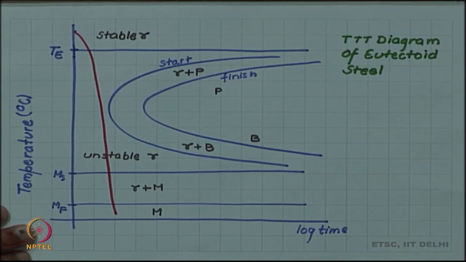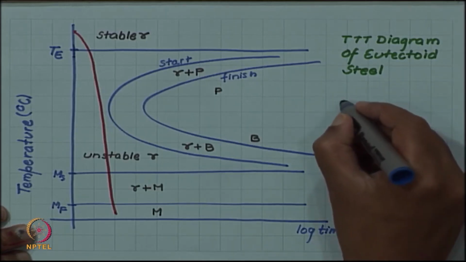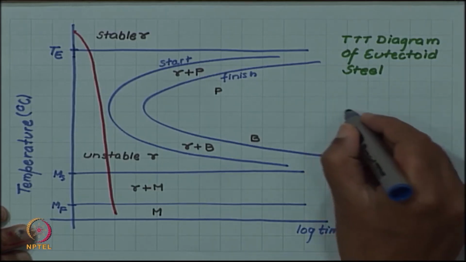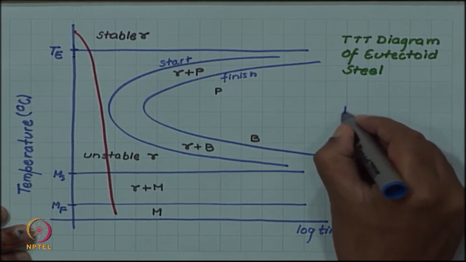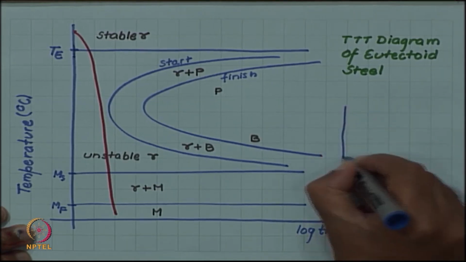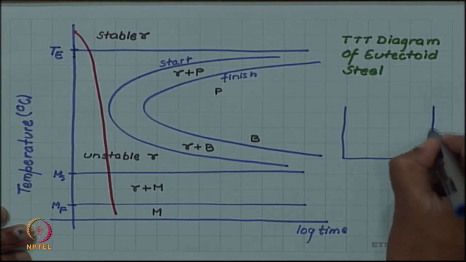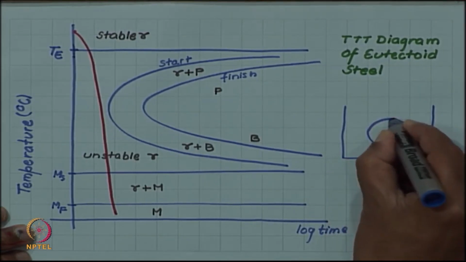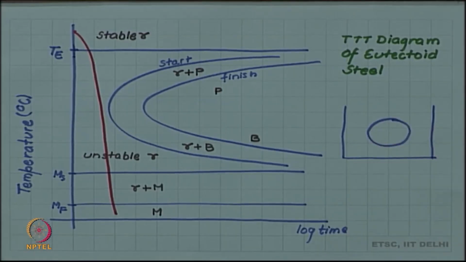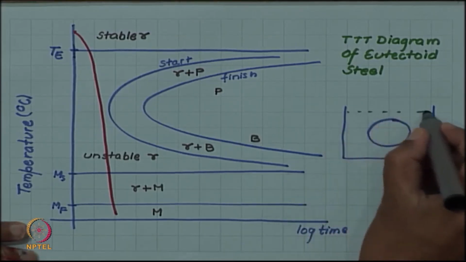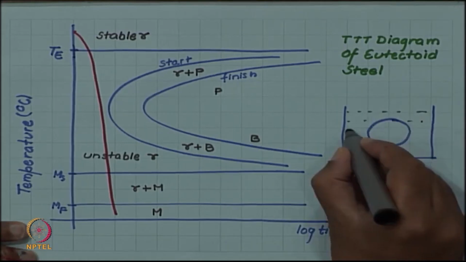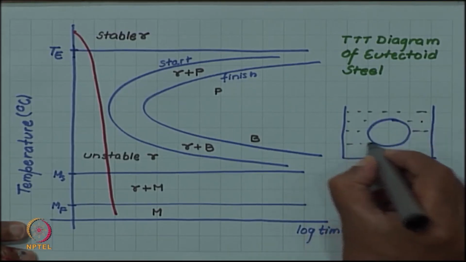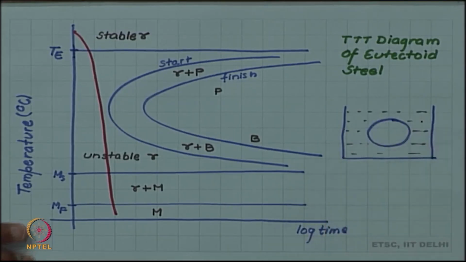But note that if a large object is being quenched, so if the component size is large, then all of it will not come to the quenchant temperature, or all of it will not cool at the same rate.